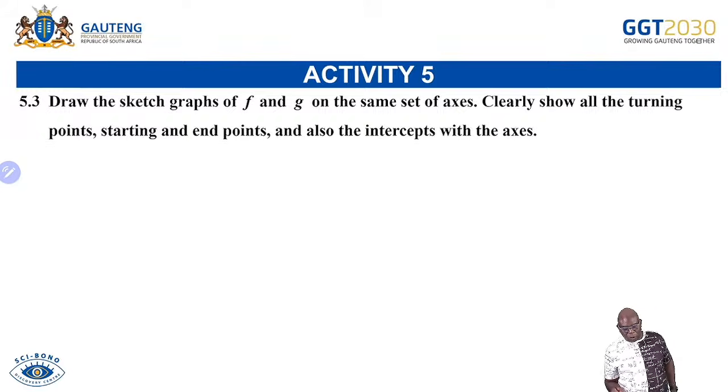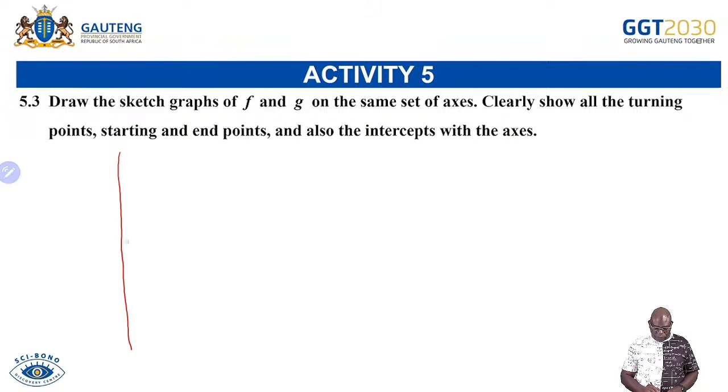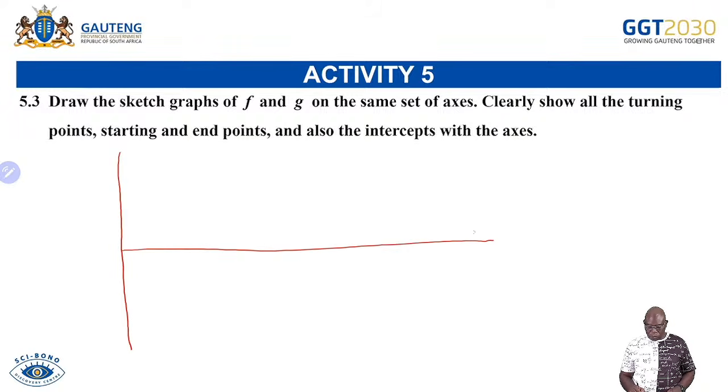In the next one, they say draw the sketch. They will give you the grid. Please, in this case, I did not include the grid. So if I quickly want to draw this, I'll have my 45, 90, 135, I'll have 180, 225, 270, 315, and 360.